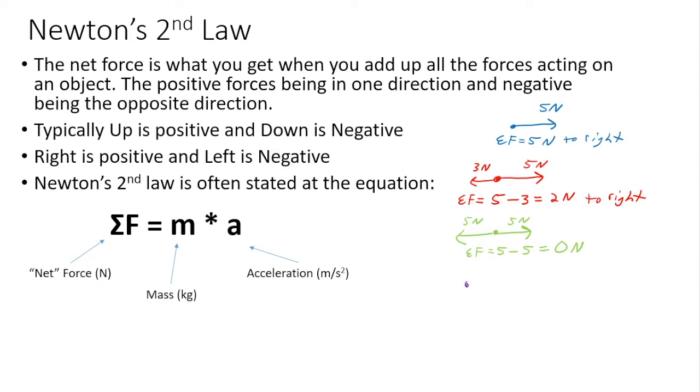Last one, let's say I have a force of 5 newtons pointing to the right again, and now I have a big force of 7 newtons pointed to the left. My net force is just my right, 5, minus my left, 7. That gives me a net force of negative 2 newtons. The negative is telling me that it's pointed to the left.